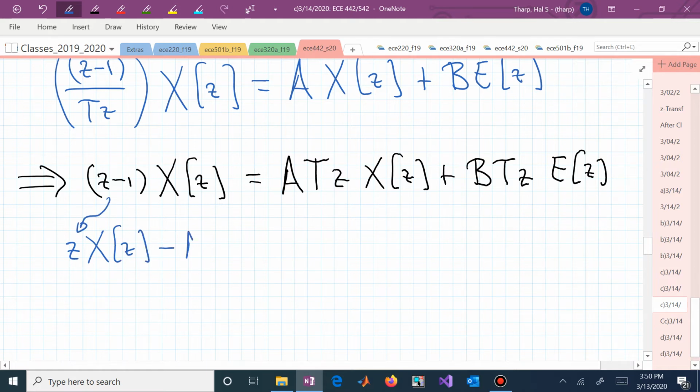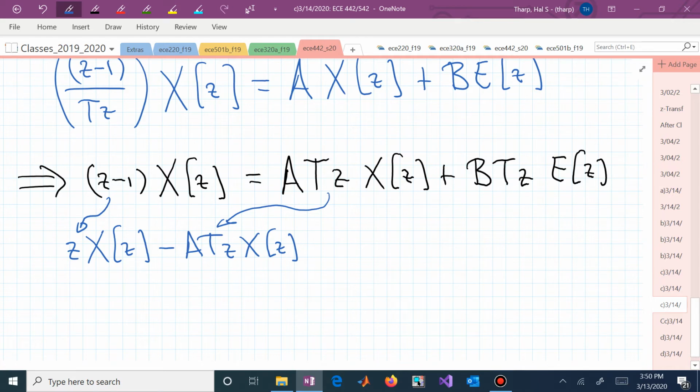Then we have minus A T Z X of Z, that's this one. But we can clean that up a little bit. Do you see that we can factor out a common Z X of Z from both of those terms?